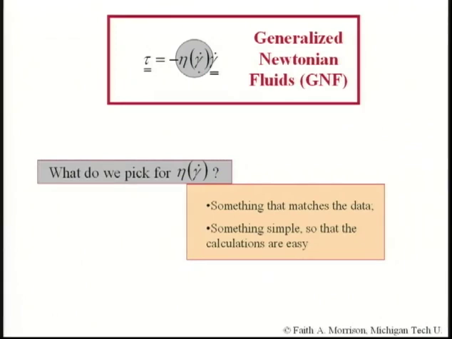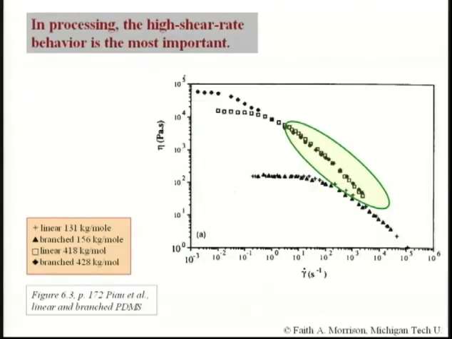Okay. So in order to check this model out, we have to actually be more specific about this eta function. So we're going to pick something that matches the data. And in fact, the first thing we're going to pick is something that's really simple so that we don't have a lot of complications here. So here's the data.